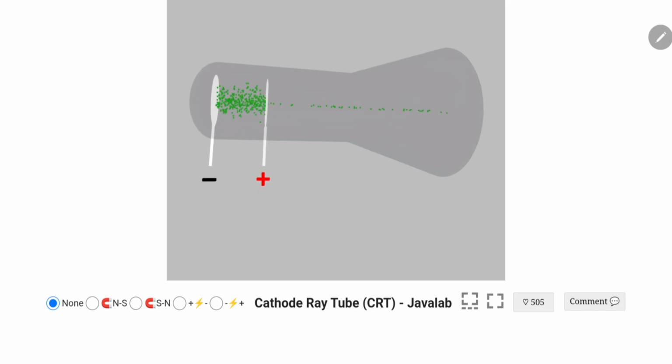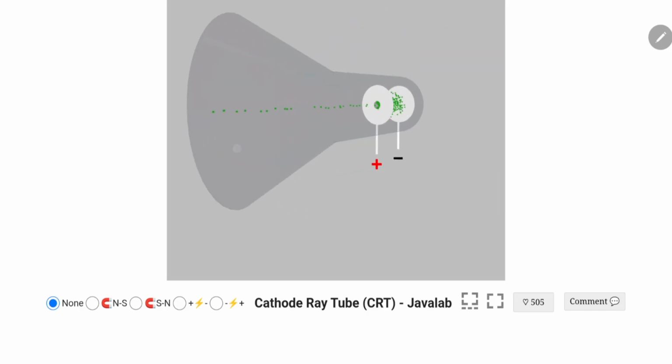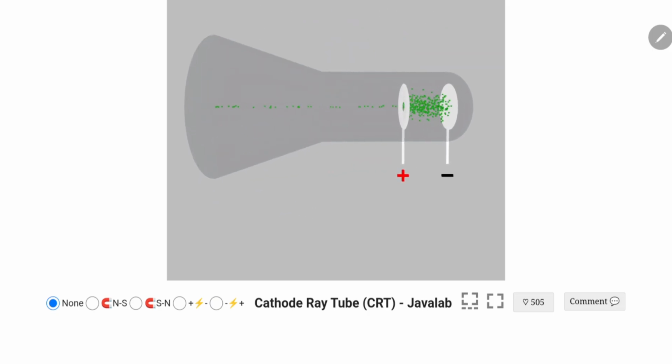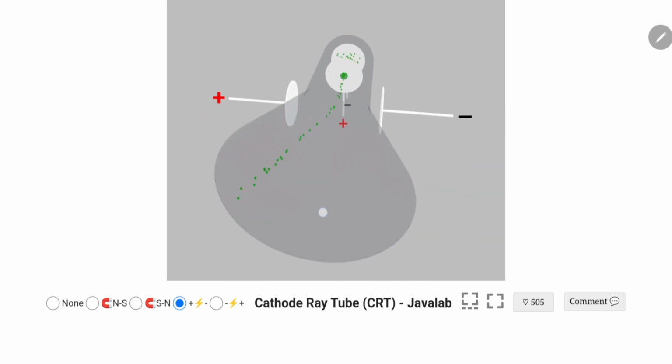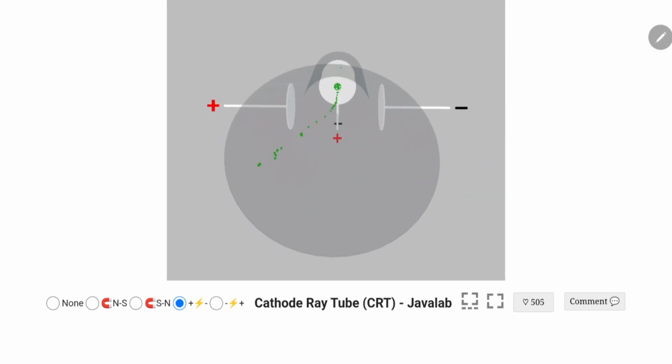Now, if we look at this animation, you can look at it from any side and see what is happening over here. But how do we know that they have a certain charge? I'm saying it is a charged particle, so we are going to apply an electric field. When I apply the electric field, these particles get attracted towards the positively charged plate.